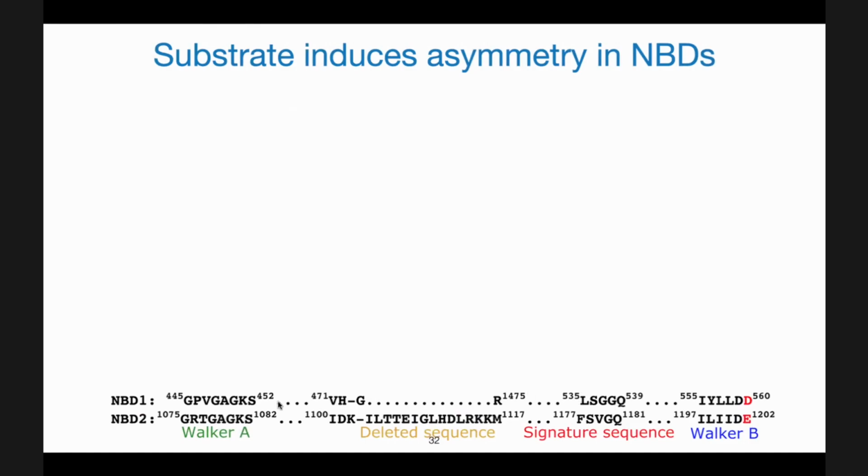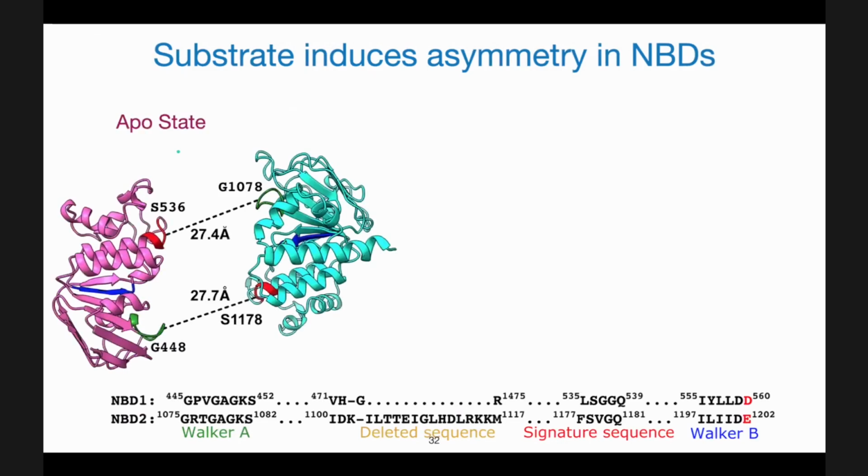And you can see that there is a deletion of 13 residues in NBD1, which is present in NBD2. And because of this asymmetry, there is a change of aspartate in NBD1, which is E in NBD2.